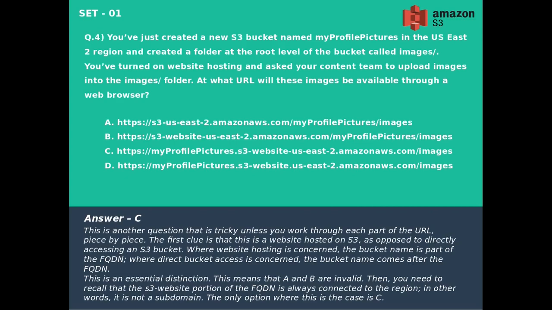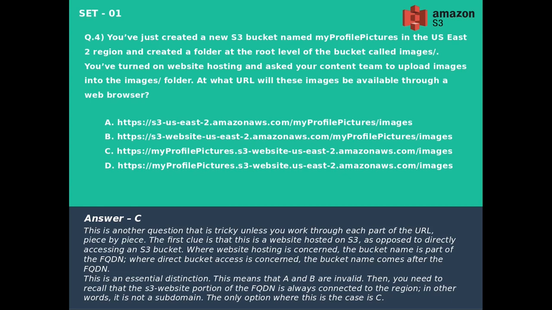This is another question that is tricky unless you work through each part of the URL piece by piece. The first clue is that this is a website hosted on S3 as opposed to directly accessing an S3 bucket.